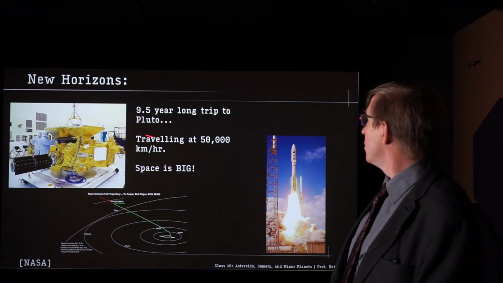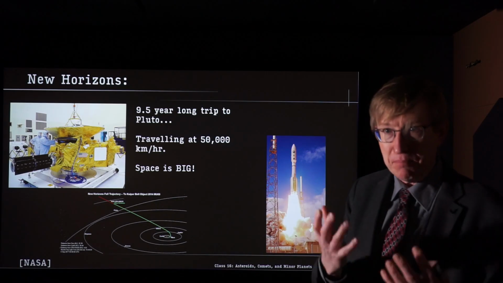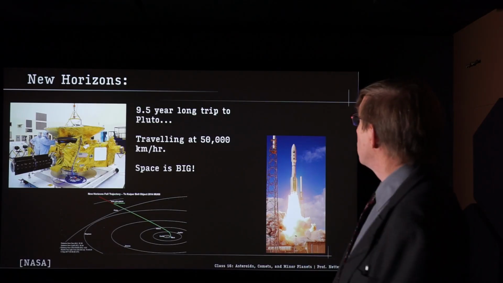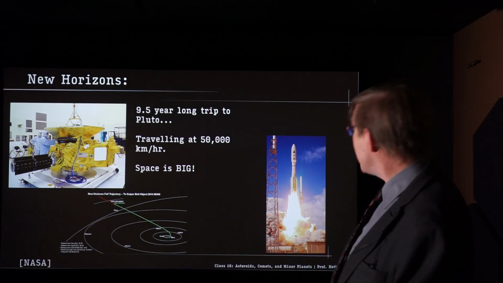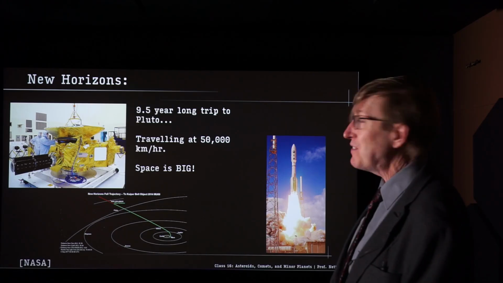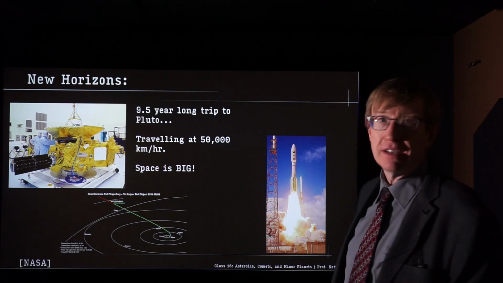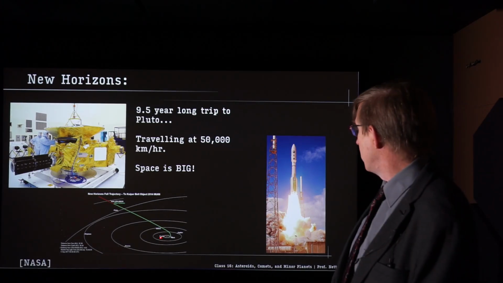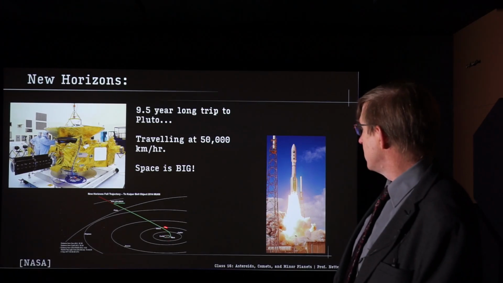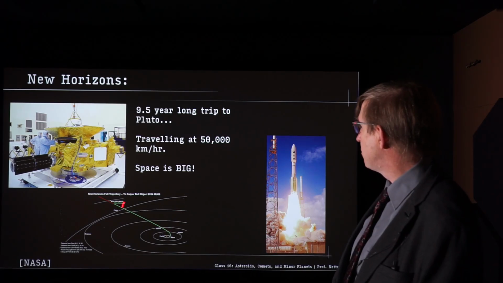The fastest macroscopic object ever made was New Horizons. It was traveling at 50,000 kilometers an hour when it left the Earth. It took 9.5 years to get to Pluto. That's traveling the fastest that anything's ever been launched. So launched from Earth, it comes by Jupiter, comes by Saturn, and makes its way out to Pluto.